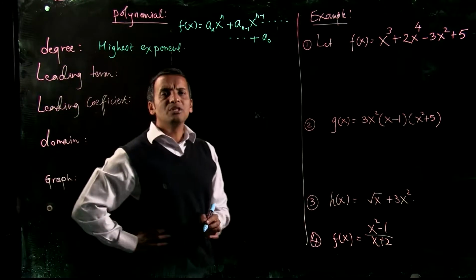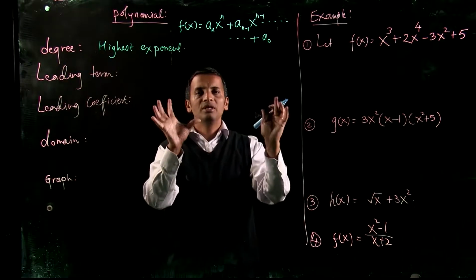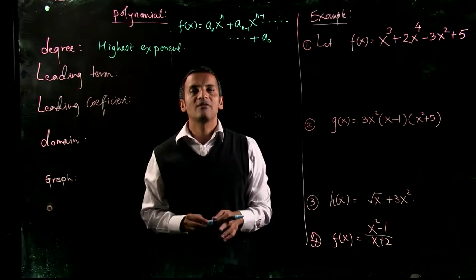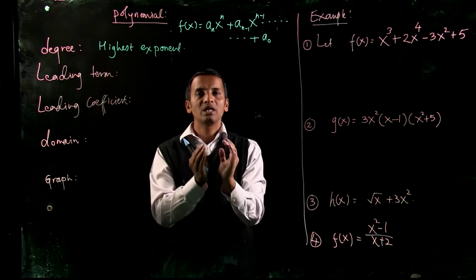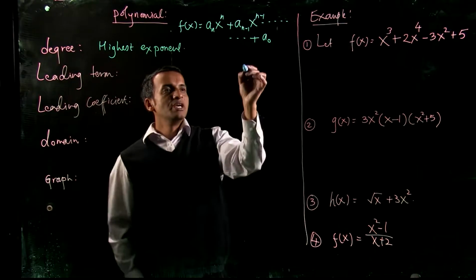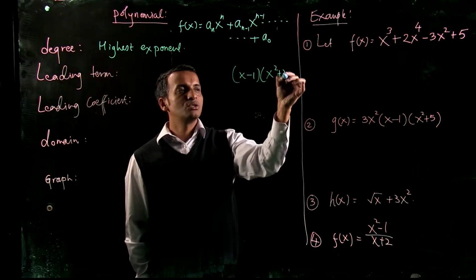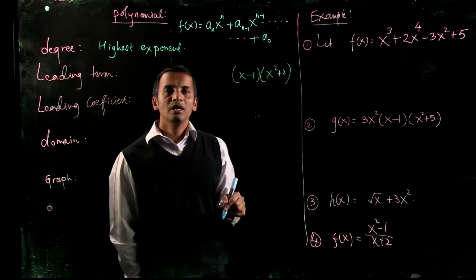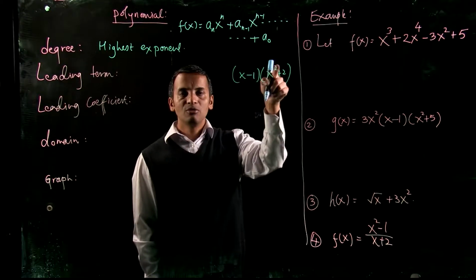When we evaluate a degree, if there are factors multiplied together, you find the degree of those factors separately and then add them at the end. For example, take (x minus 1) times (x squared plus 2). This is a polynomial because the exponents are all positive whole numbers.